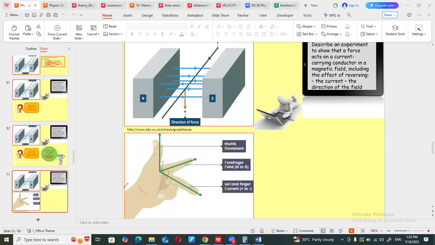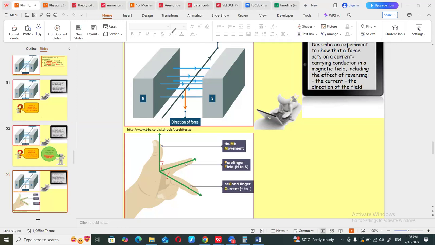You can just put your finger in the direction of north, a straight finger in this direction, and the current direction is upward. So you will turn your left hand in the upward direction, and your thumb will automatically come in the downward direction. That's how you find out which way this force will be applied. So it will start rotating, or at least go up and down like that.